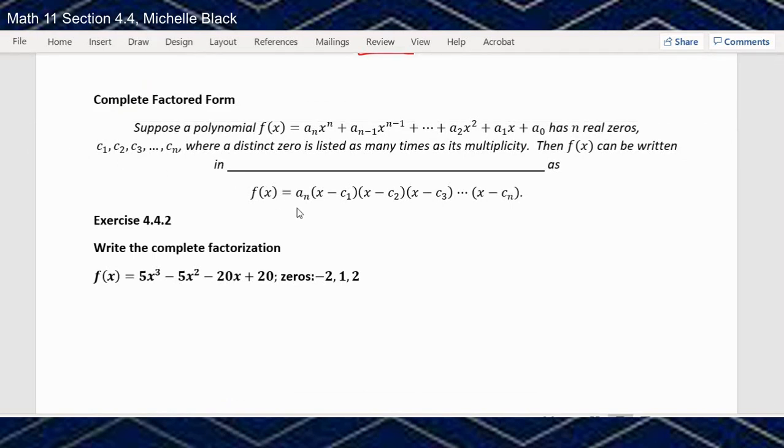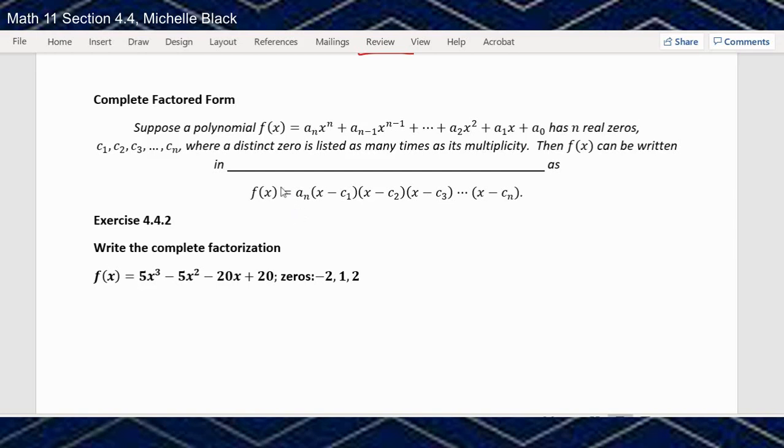Complete factored form. Suppose a polynomial f of x has n real zeros, and these real zeros are called c sub 1, c sub 2, c sub 3, all the way up to c sub n, where a distinct zero is listed as many times as its multiplicity. So above, where we had multiplicity 3, I would have just written out 2 three times.